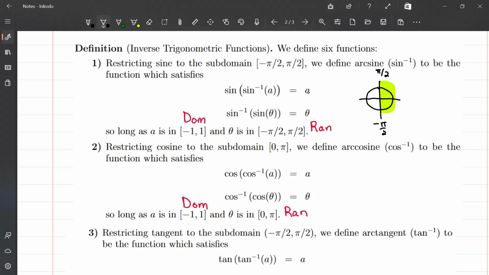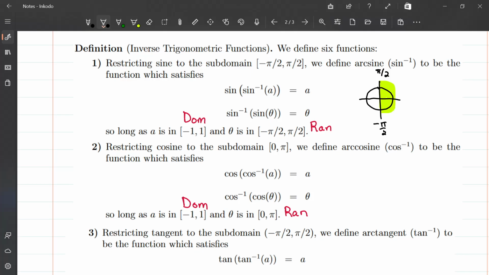That means that a has to fall into the interval from -1 to 1, and that is also the domain for arcsine, or inverse sine, however you prefer to say it. Theta is going to have to be between negative pi over 2 and pi over 2 because that's the restriction we had to make in order to get this arcsine to begin with. And negative pi over 2 to pi over 2 is the outputs for our arcsine, meaning it is the range.